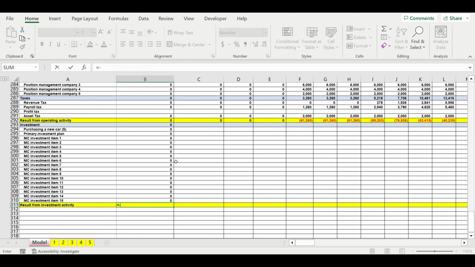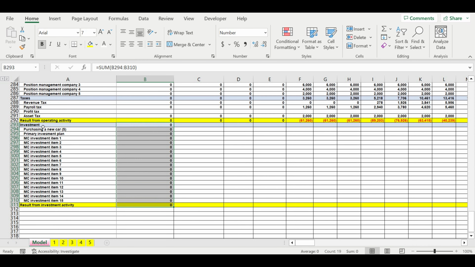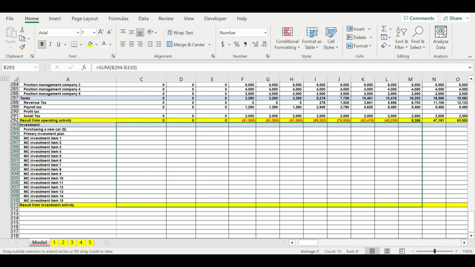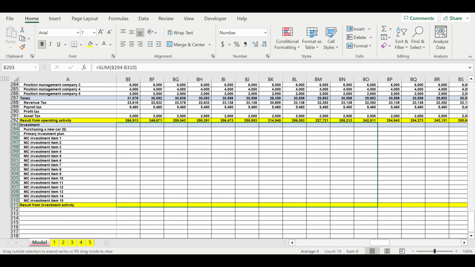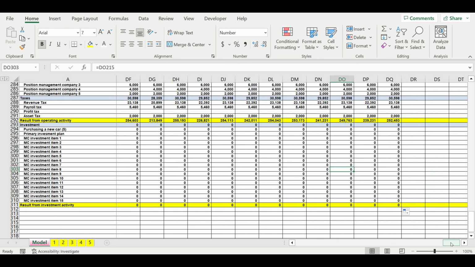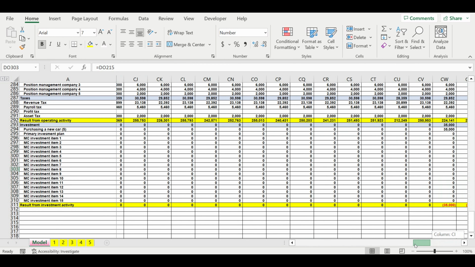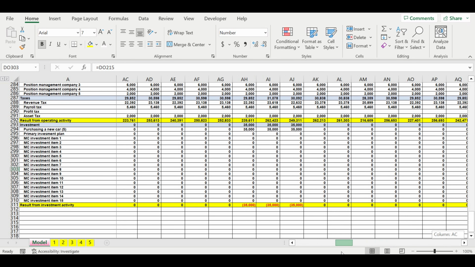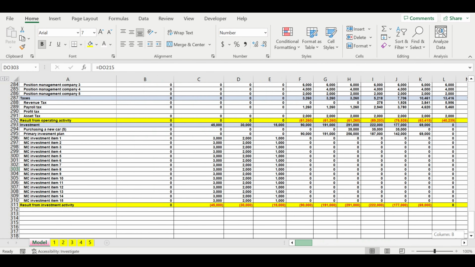I will take minus and add it to this line, because in our case all investments we have as an outflow. We don't have inflows inside investment activity. So this is the story about the investment plan.